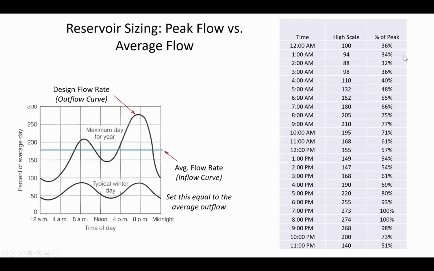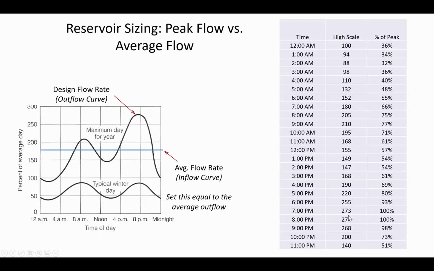So the percent of peak is just me taking this percent of average day and dividing it by 274. Boy, it looks like I was really precise there. I said that 8 p.m. is 274%, 7 p.m. 273%, and so on.